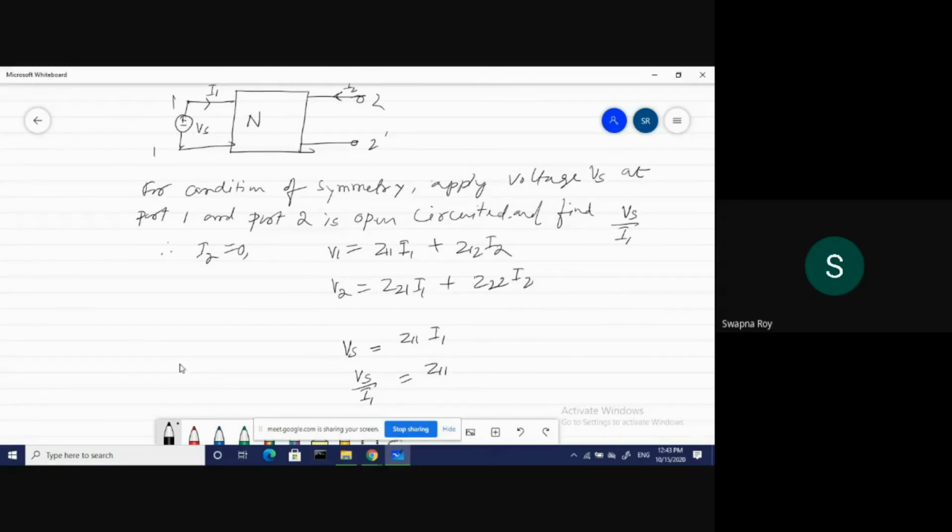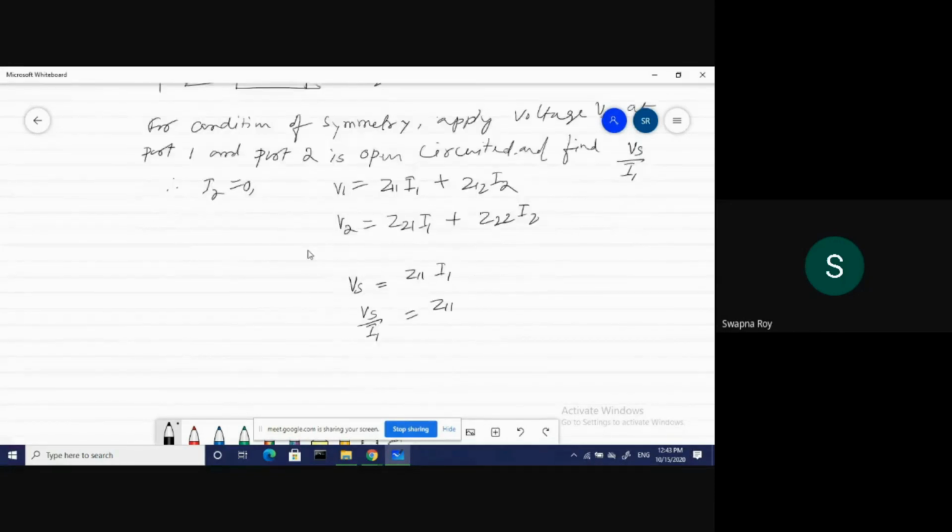Now again we replace the voltage source at port 1 to port 2 and open circuit port 1.